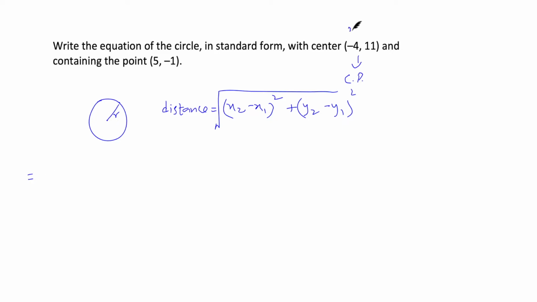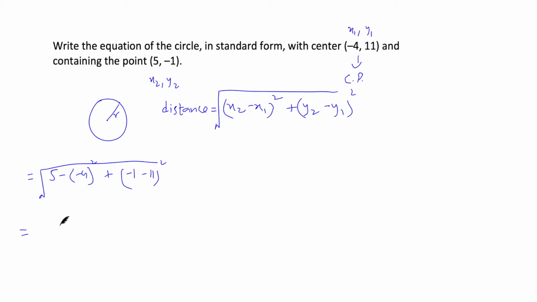Let's say this is x1, y1 and this is x2, y2. So we have x2 minus x1 whole square, which is 5 minus minus 4, just be careful with the signs, plus y2 minus y1, which is minus 1 minus 11, whole square, whole under root.